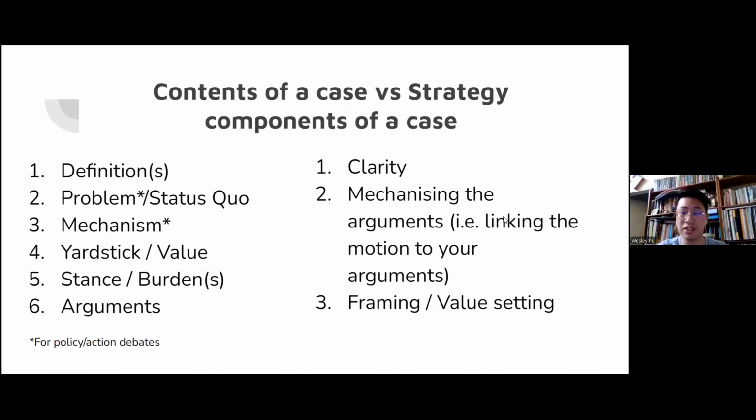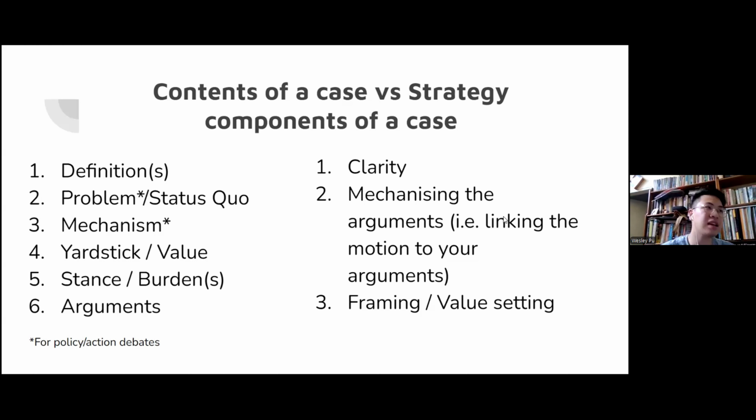We talk about case strategy. What we're more likely talking about is things like clarity, mechanisms, and frame. And it all does is simply make your case more understandable and more strategic. That means you don't want to run a case that is either super unintuitive, which means people don't believe it, or a case that's just irrelevant.